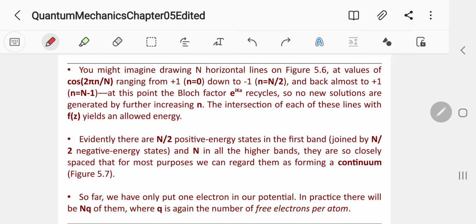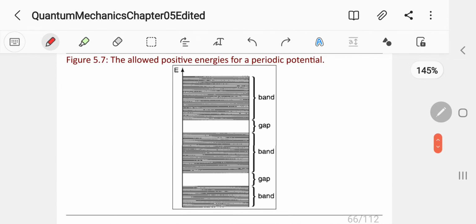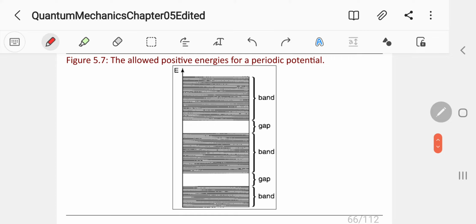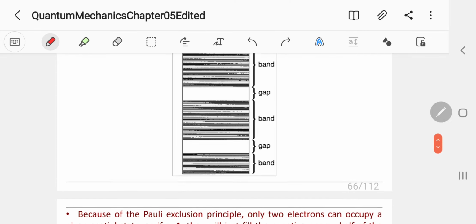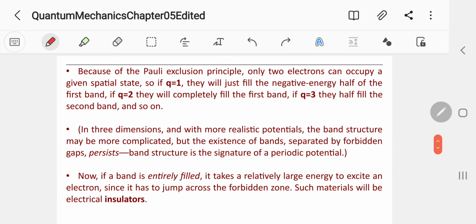So for the first band, there are only N/2 positive energy states, and then for the succeeding bands you will have N states in higher energy bands. As you can see in this figure, I will just read the bullets here.